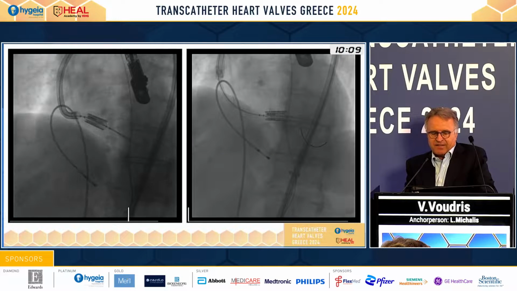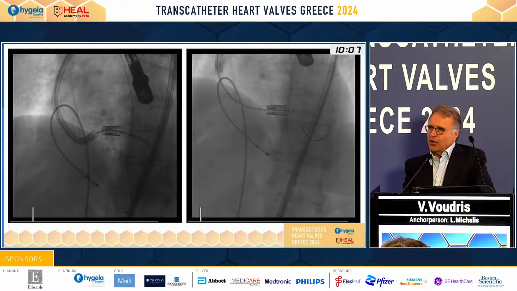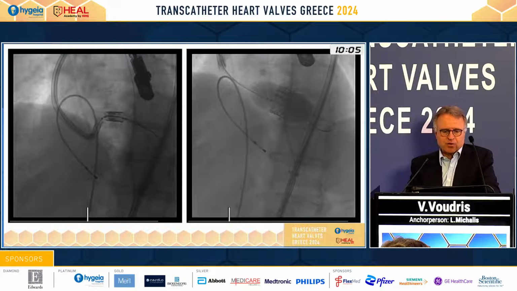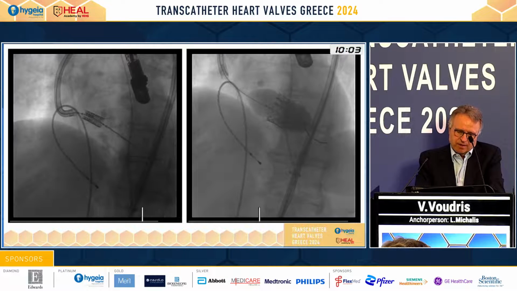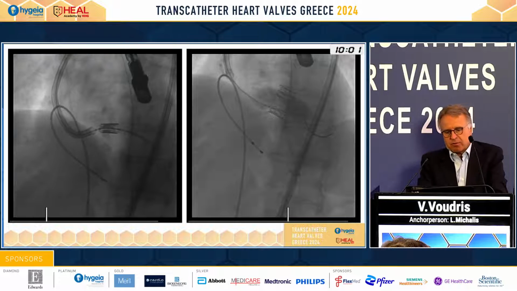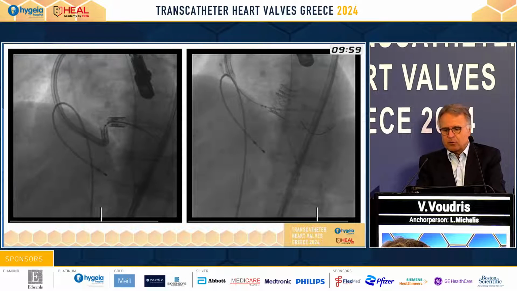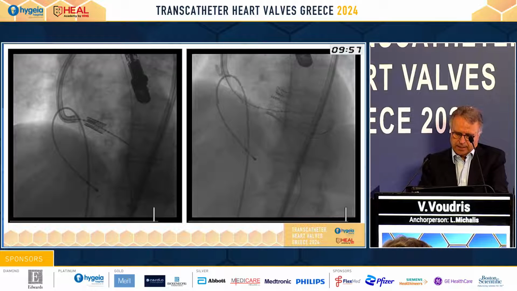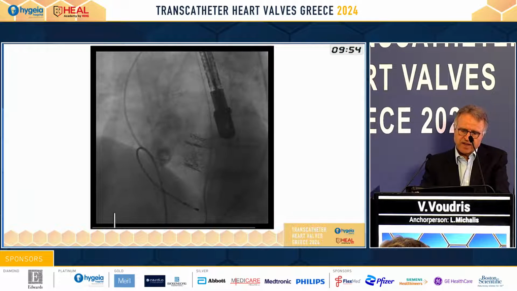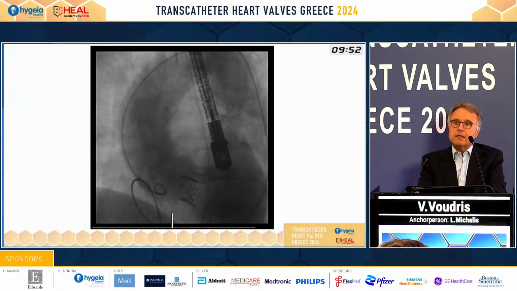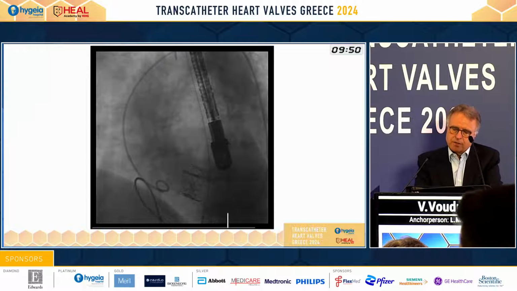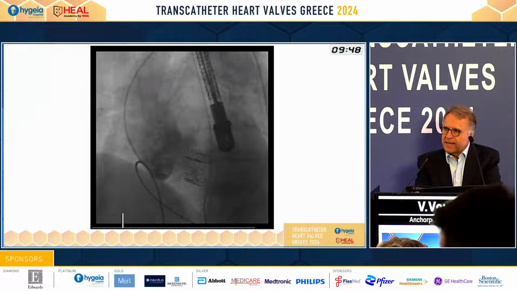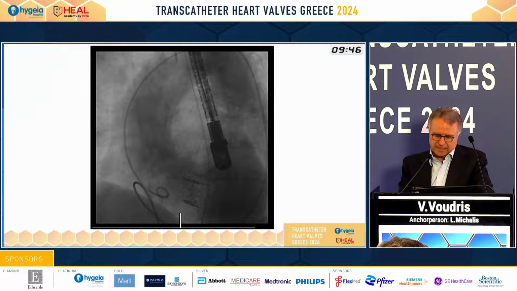It was quite difficult, very, very difficult with the technology of this period to advance the valve through the bicuspid morphology. Finally, it succeeded. And the final result was good, but we had a dissection. It was a small dissection treated medically.